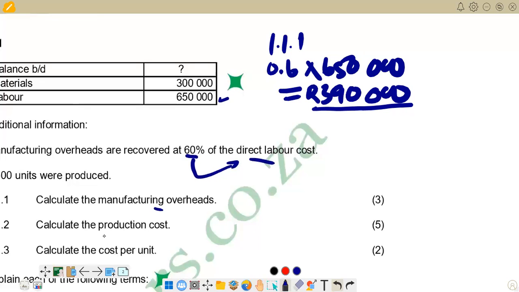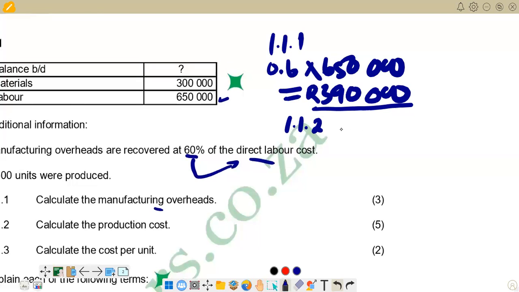Right. And the second part is saying calculate the production cost. So for the production cost, basically we are adding the materials figure here, which is 300,000, and then we add the labor that we have, which is 650, and then also the manufacturing overheads figure that we have calculated here, 390, representing this question mark, is also part of that. So we are now on 1.1.2.